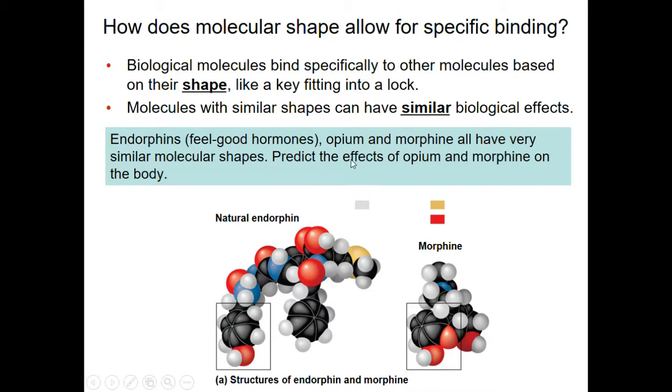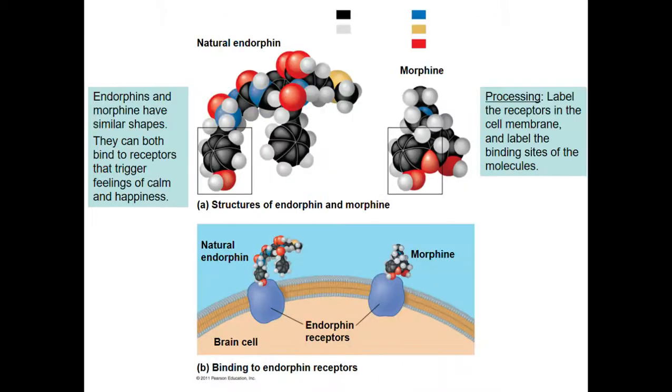So I want you to predict the effects of opium and morphine on the body. They have similar structure, so they'll have similar function, so they'll have similar biological effects. So endorphins and morphine have similar shapes.